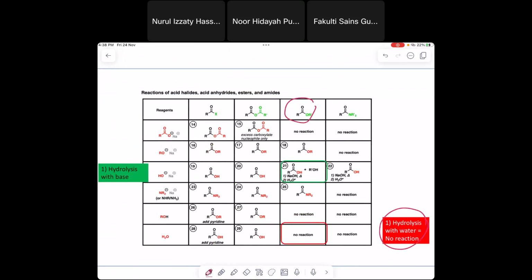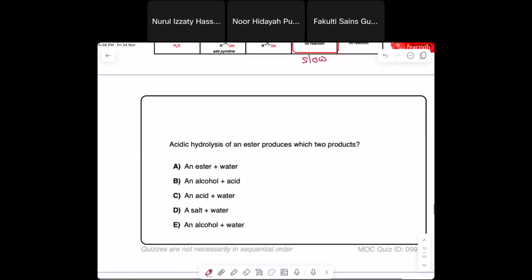Kita dalam table tu kata no reaction, tapi dalam your slide kata slow lah. So in terms of perspective of kinetic, macam there's no reaction lah, so slow. But if you put in a base, kita akan dapat ni lah reaction dia. Yang kita panggil dia sebagai saponification.